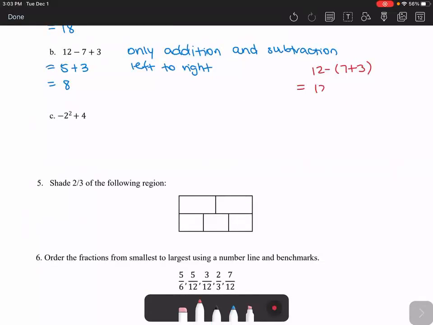And we know that we have the distributive property, so we can distribute the negative to the 7 and the 3. Remember that we can distribute multiplication, and we can distribute addition and subtraction. We have these distributive properties for our 4 basic operations.